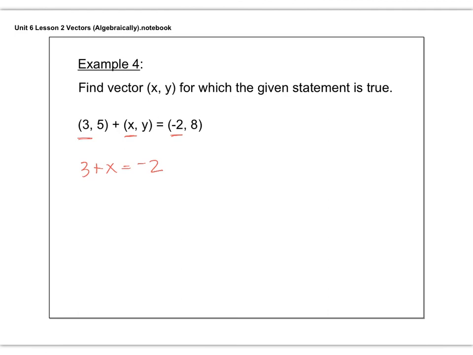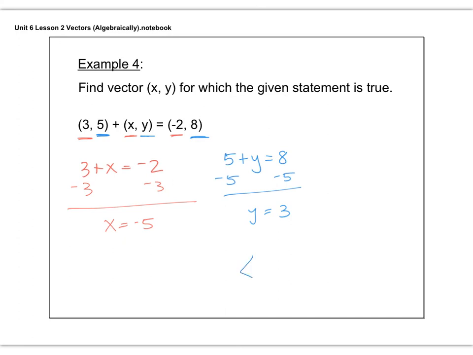And then we're going to take the vertical components, or the 5, the y, and the 8. And 5 plus y equals 8. And it's as simple as just solving these. So we're going to go minus 3. X equals negative 5. And we'll go minus 5. Y equals 3. So the component that would make this statement true is negative 5, 3.